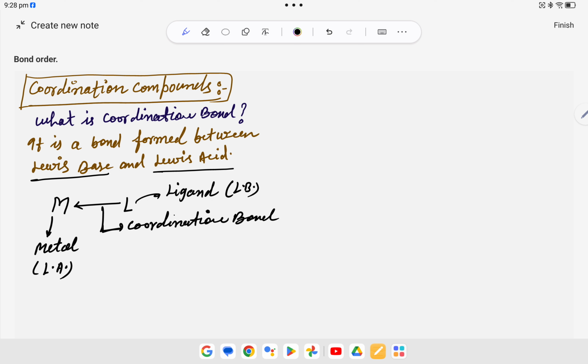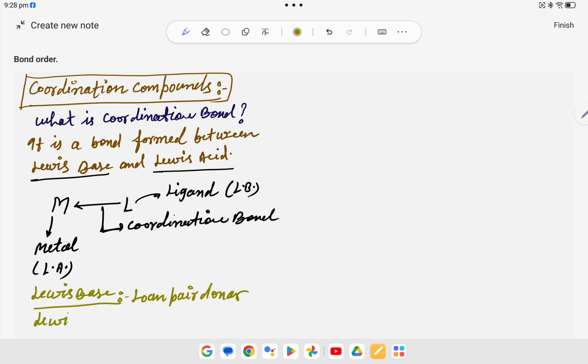What are Lewis acid and base? In the equilibrium chapter I explained, again I am telling you. Lewis base: lone pair donor.